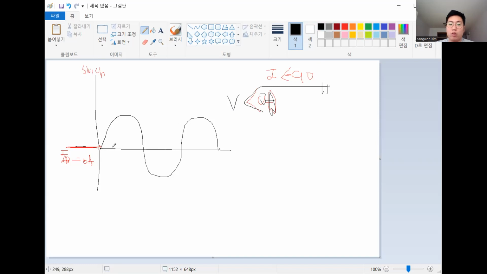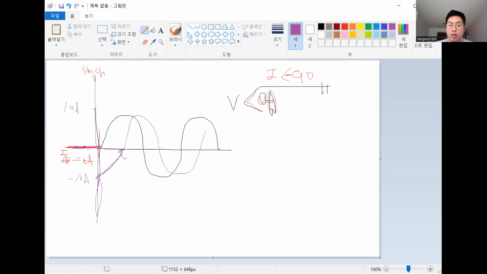If we switch on, the current happens like this. I will draw in purple. It lags by 90 degrees, so the current goes like this, right? Before here, if we switch on at this specific point, the current is 90 degrees lag, right? For example, here is minus 10 ampere and here is plus 10 ampere.